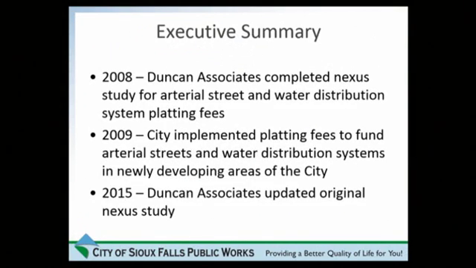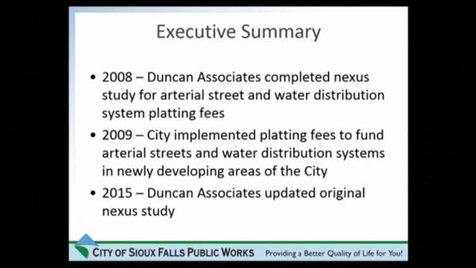Okay, just a little background. In 2008, we hired a firm called Duncan Associates. They assist local governments across the country with development fees, and we asked them to complete a nexus study for these platting fees. The nexus defines the relationship between a development fee and the impact caused by new development.